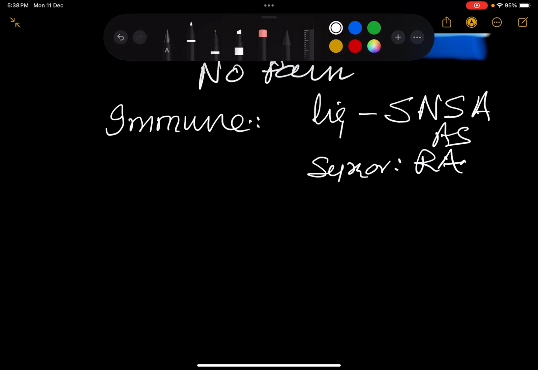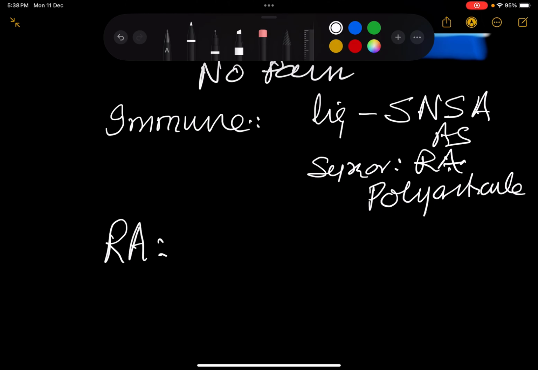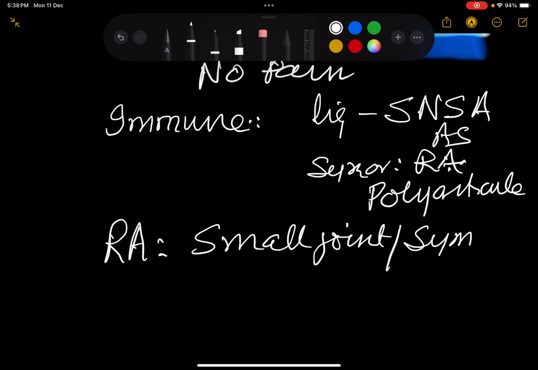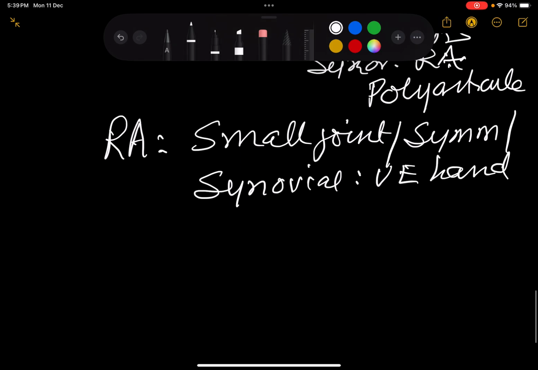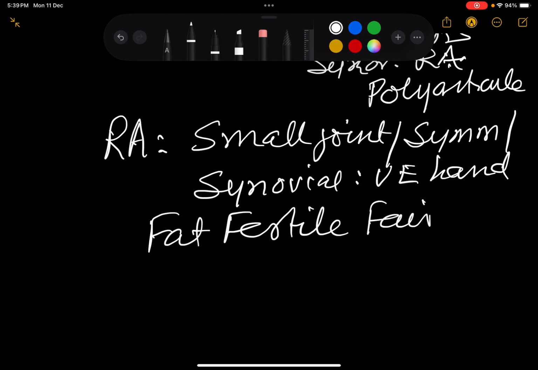But these are basically polyarticular. The rheumatoid arthritis is small joint, symmetrical, synovial involvement of the upper extremity hand in a fat, fertile, fair female of 40.